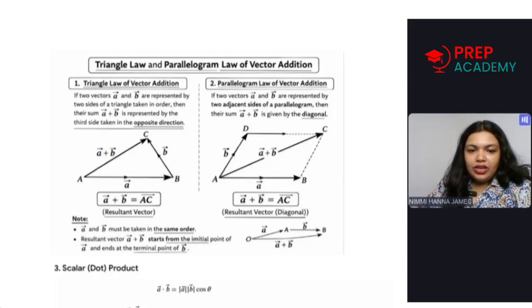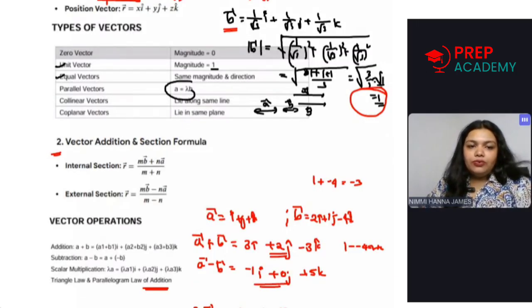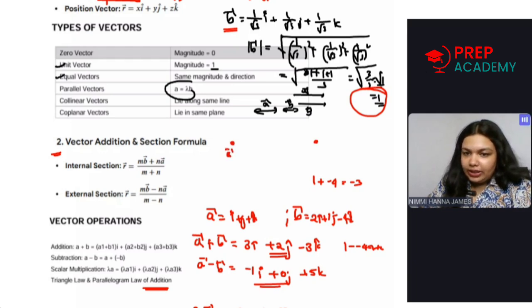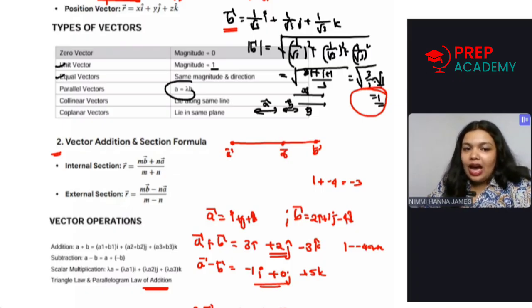And then we had this section formula for finding the point. That is, if we have two vectors, A vector and B vector, and this is a vector joining them, on the line joining A vector and B vector we have another point, say R vector.